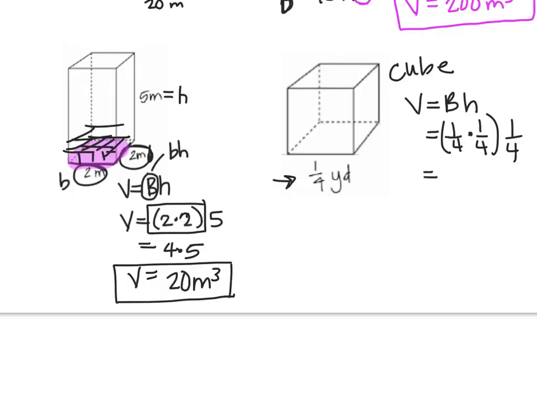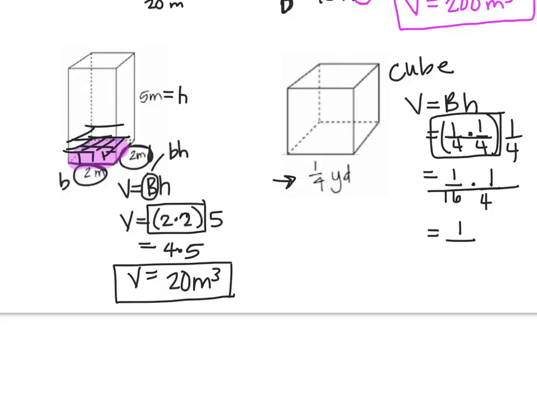When we solve that out, we're going to deal with this first part. With fractions, I like to extend the line, and I get 1/16 times 1/4. If you notice, I switch between parentheses and dot, and that is okay. They're both equally acceptable. I extend my line, and I get 1 times 1 is 1.